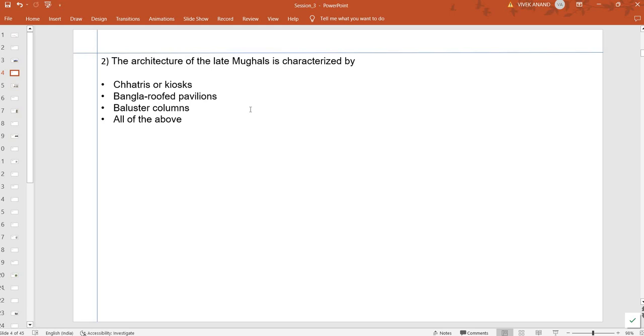So we have this eidetic memory, and we should utilize it. Chhatris or kiosks, yeah. Any other feature? Do you see Bangla roof pavilions?